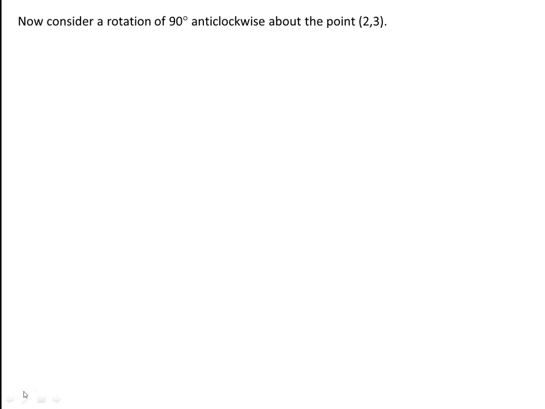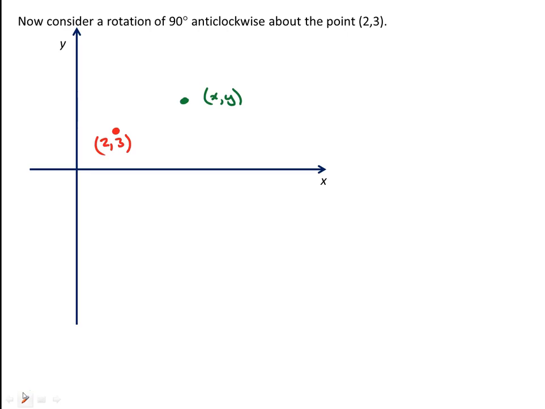Let's now have a think about if we want to try and do a rotation of 90 degrees anti-clockwise about the point 2, 3. Well, again, we'll start with a diagram to try and see what's going on, and the diagram needs to show the point 2, 3, which is the centre of our rotation, together with an arbitrary point xy.